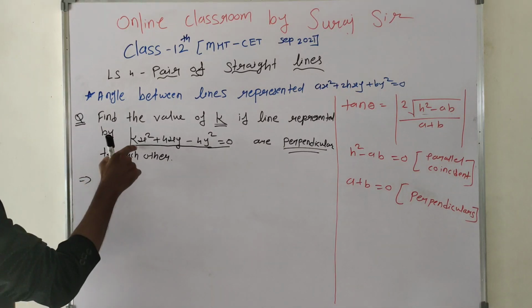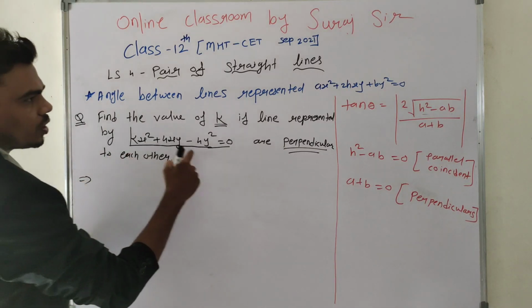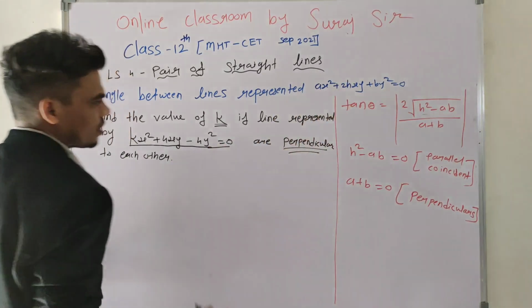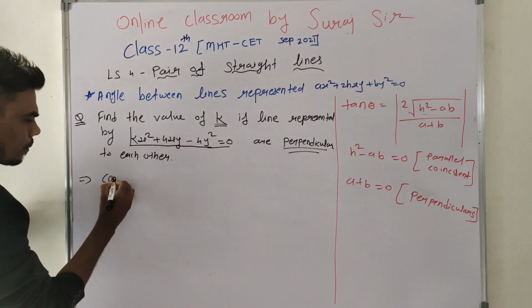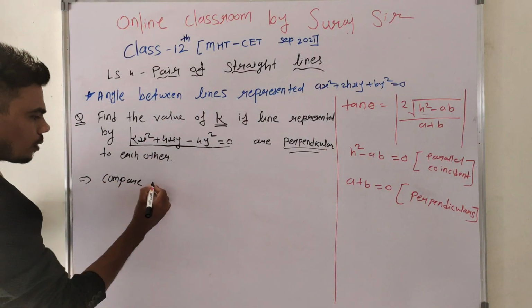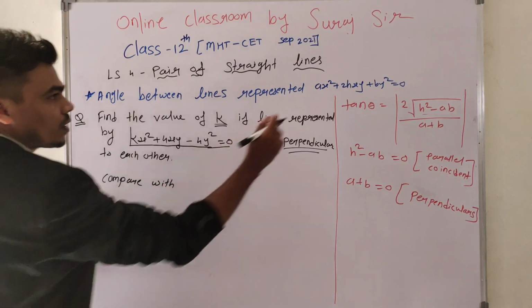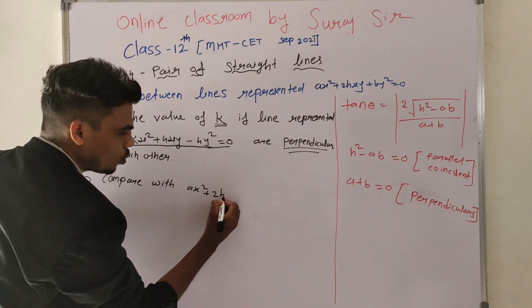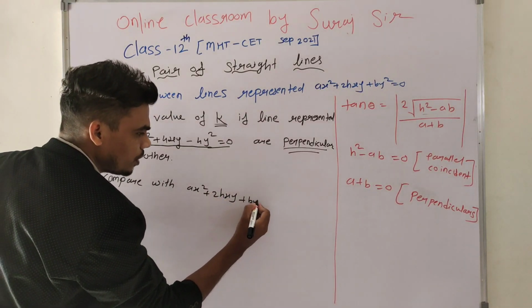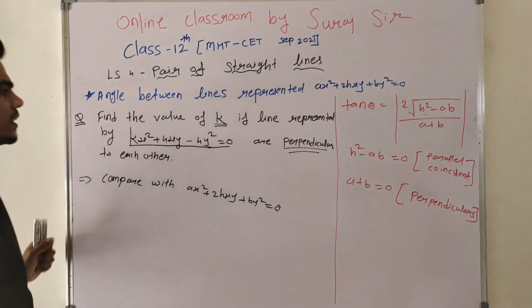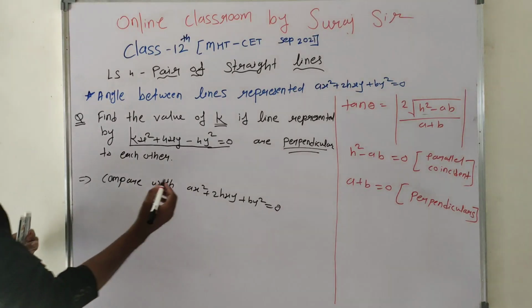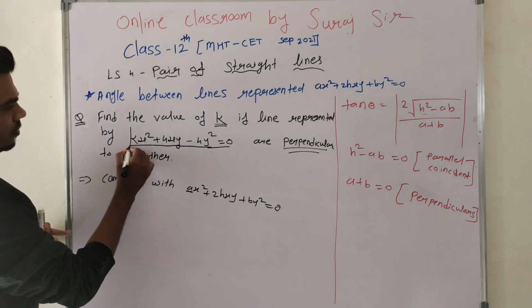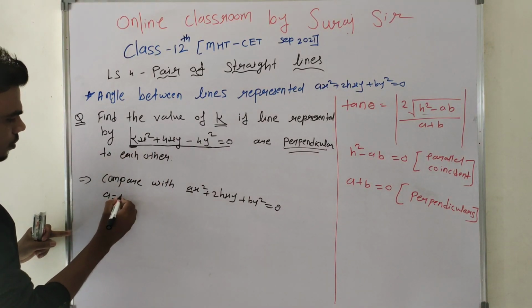So compare this equation with ax square plus 2hxy plus by square is equal to 0. Clear? Then what is the value of a? A is equal to k.